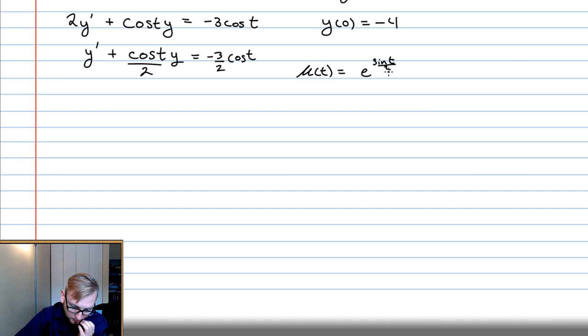Well, remember, I want this piece, this cosine t over 2, to be integrated into this exponent. So what is the integral of cosine? Well, the derivative of sine is cosine, so the integral of cosine t is sine t. And since it's divided by 2, we don't have to worry about that too much.